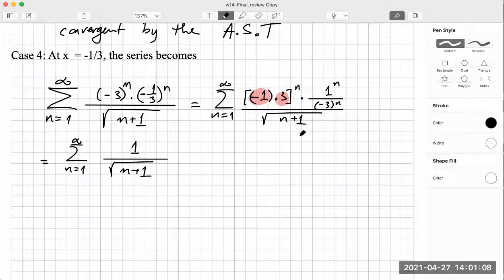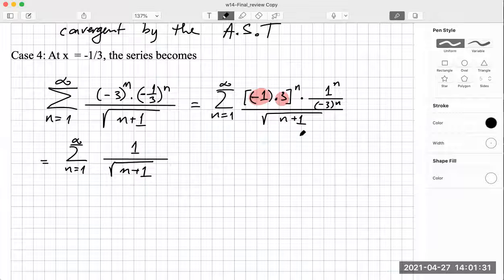This series, what is it? Divergence. Why? Because 1 over square root of n plus 1 is. I know you use the divergence test, right?